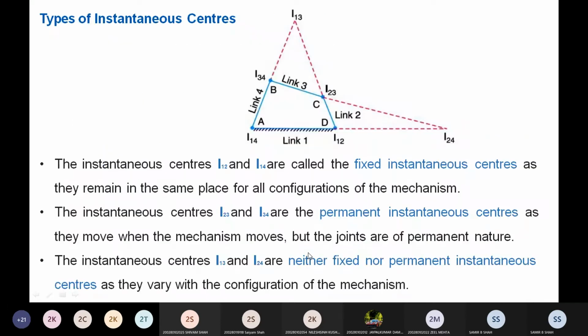As we discussed earlier, if only this kind of links are there, for example I34 or I23, then it is known as a permanent type. But if any one link is fixed and the other is an ordinary link, then the I center which is created is known as a fixed type.